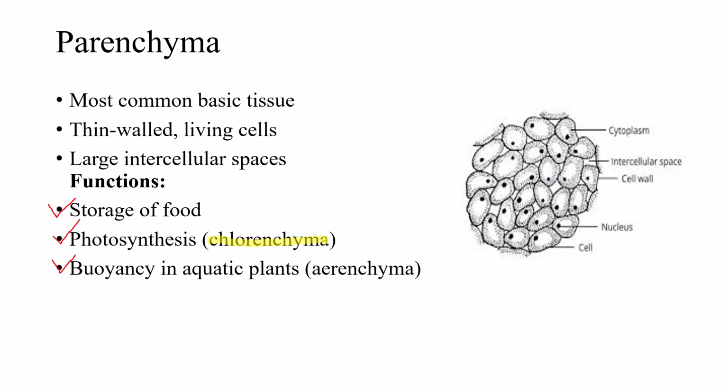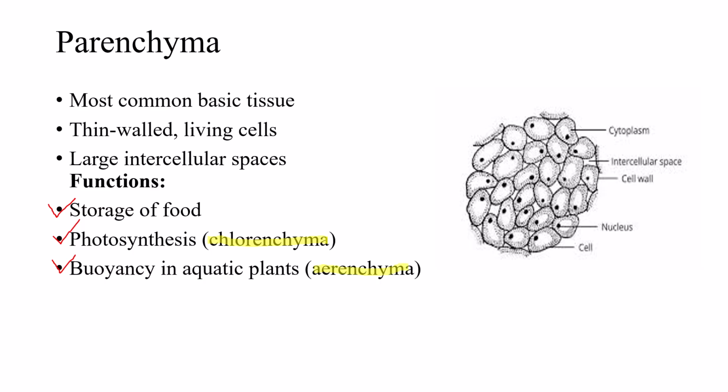It is a process by which plants make their food, and it also helps in buoyancy of aquatic plants. Now when we say aquatic plants, we think about lotus. When a lotus plant is on the water, we think how it floats. Then parenchyma tissue is the tissue which helps in buoyancy in aquatic plants.